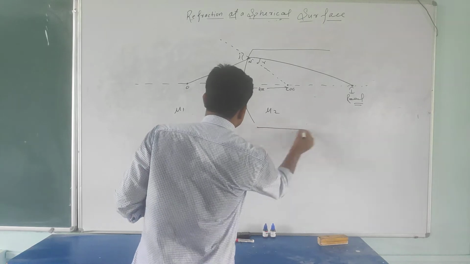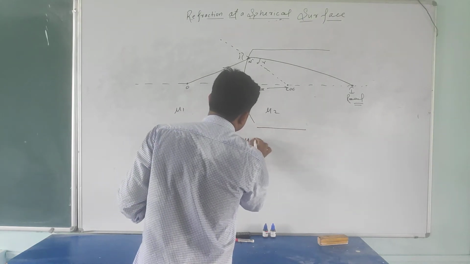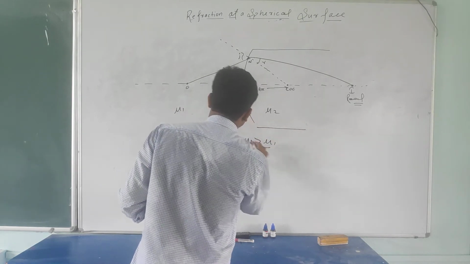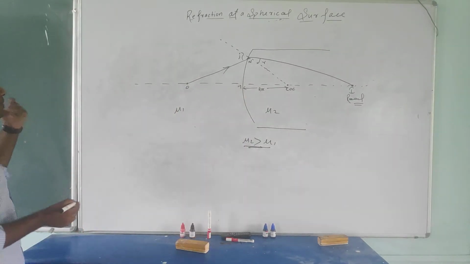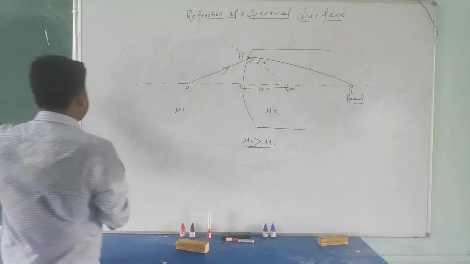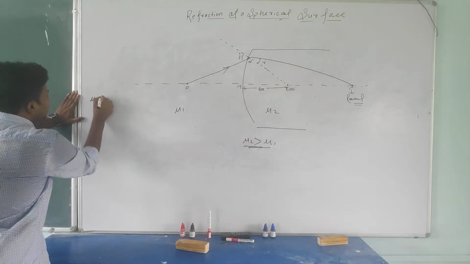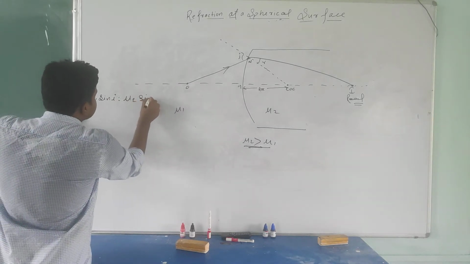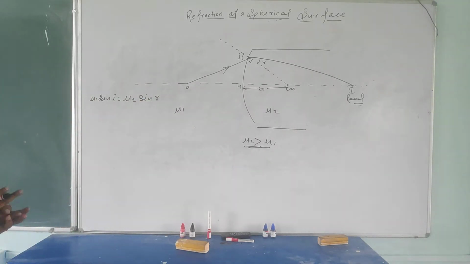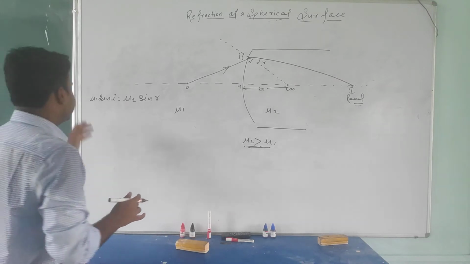Now I am just denoting it by this sign. Here mu2 is greater than mu1, simple. This one is the rarer medium, this one is the denser medium. Now if you apply Snell's law at this point, how can you write? mu1 sin i equals mu2 sin r. I suppose you all know Snell's law.